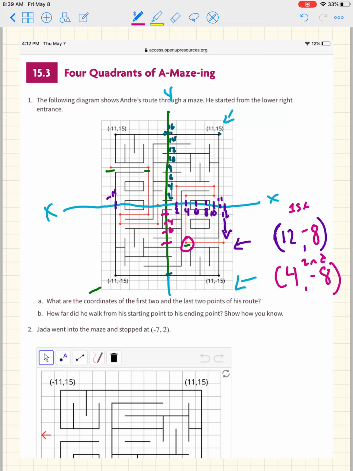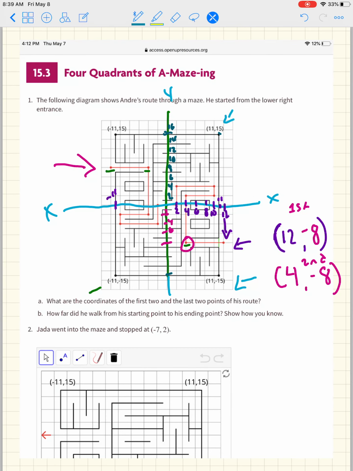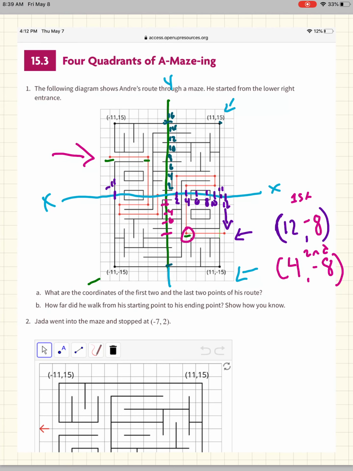Okay, let's look at our last two, which are over here.